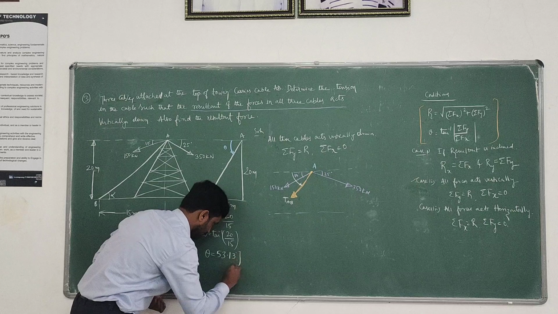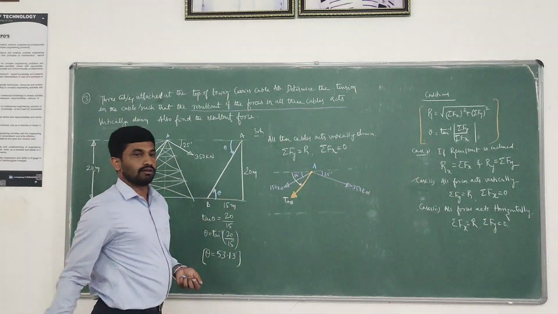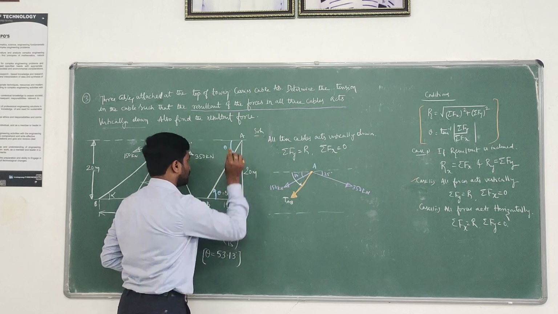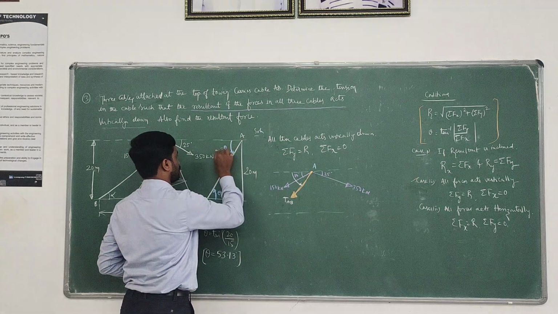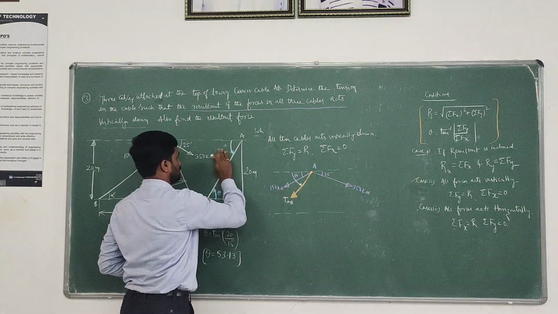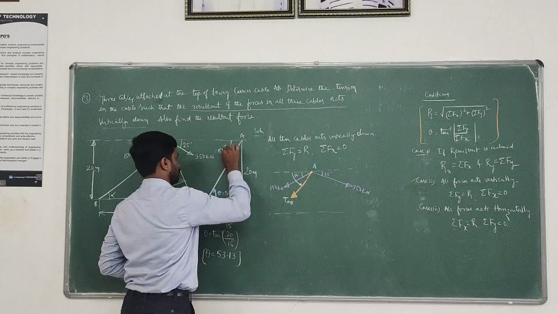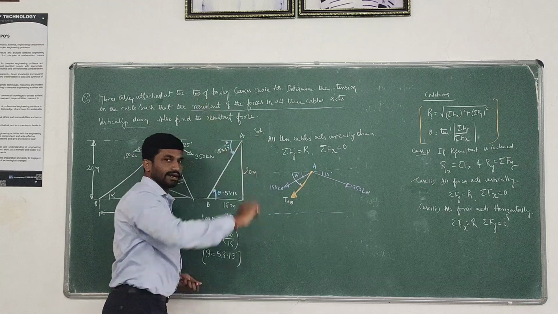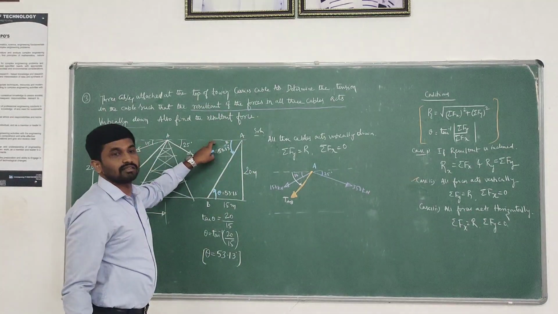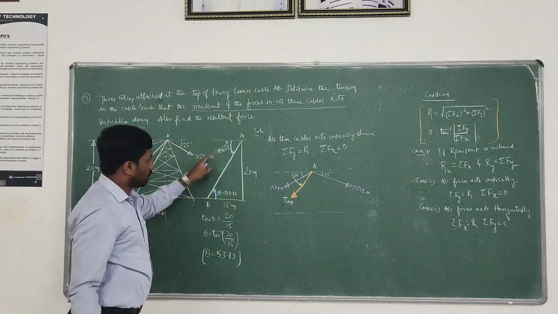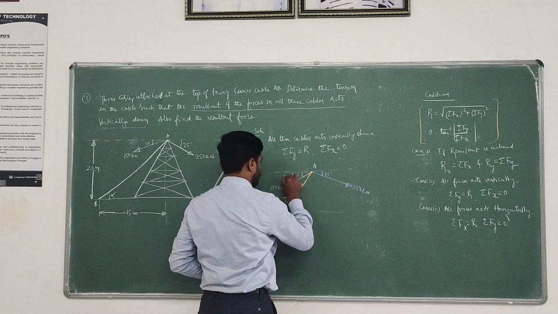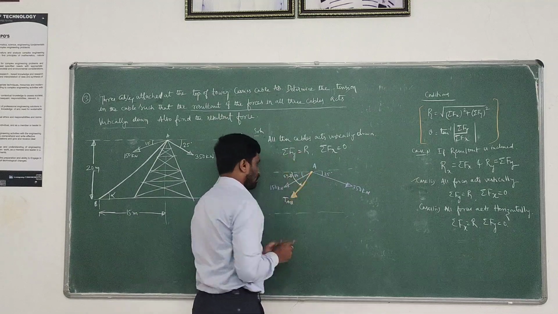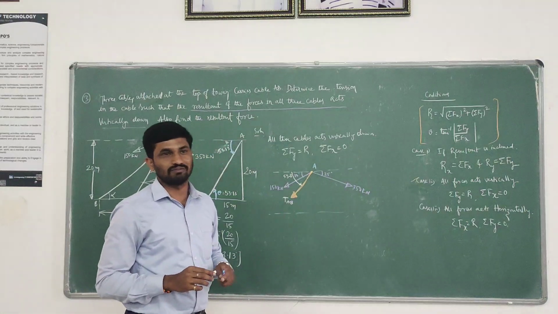This angle is 53.13 degree, and this is also the same, 53.13 degree. This is also theta. This angle is the same as here. So we computed this angle as 53.13. Now resolve. These are the three forces.